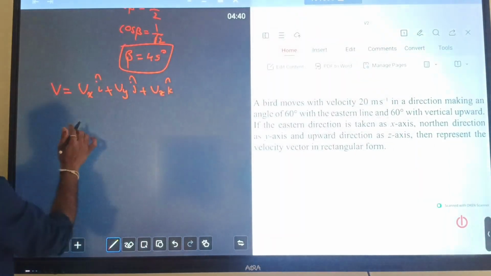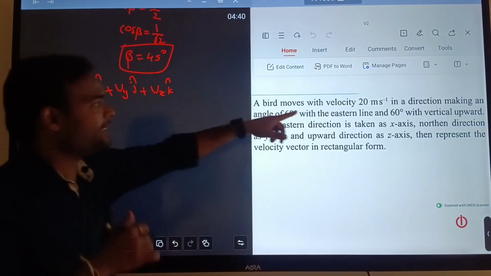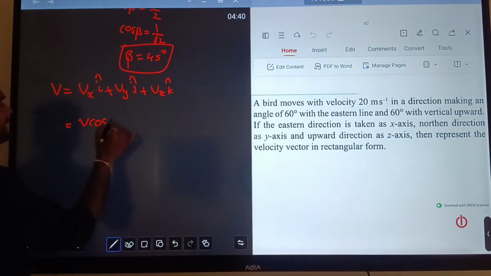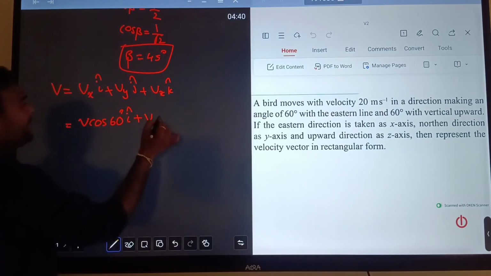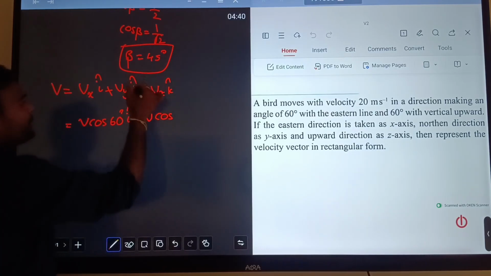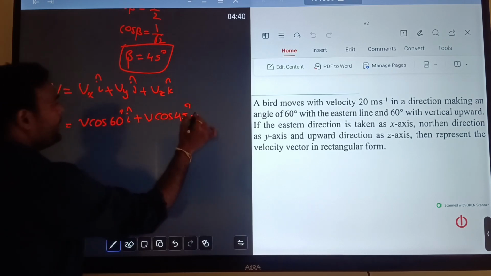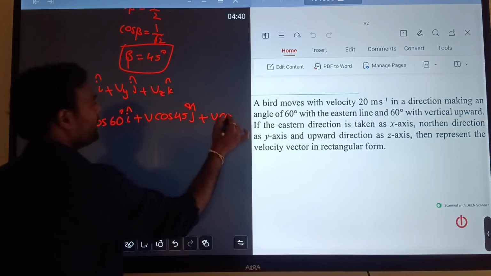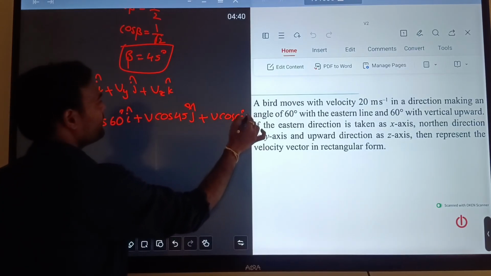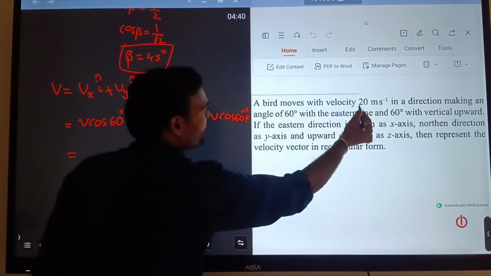Now what is vx here? V cos, with respect to the x-axis it is making an angle of 60 degrees, plus v cos 45 degrees j, plus v cos 60 degrees k, with respect to the north direction 45 degrees and the upward direction 60 degrees, and given its magnitude as 20.